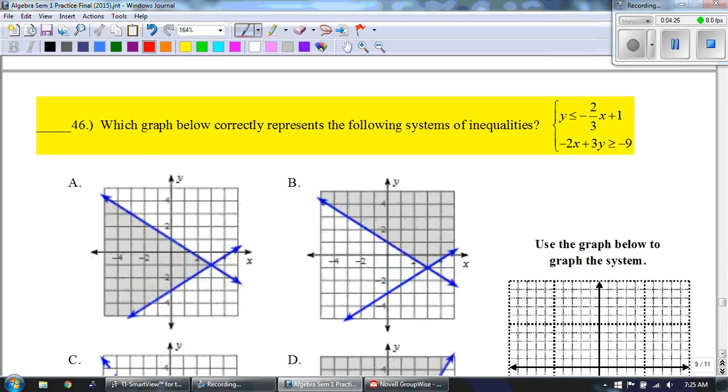All right, which graph below correctly represents the following system of inequalities? What I'm going to do is I'm going to graph these, okay? I think that's the easiest. So our first one, I know that it's going to be closed. It's going to be below. Our slope is -2/3, and we're starting at 0, 1.